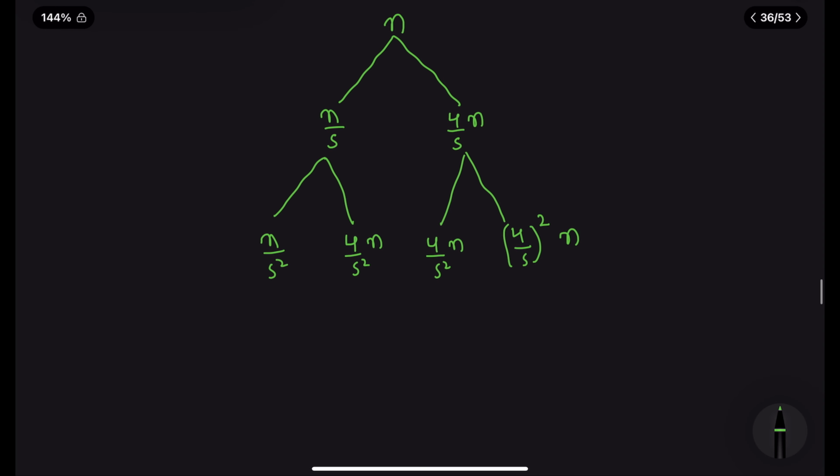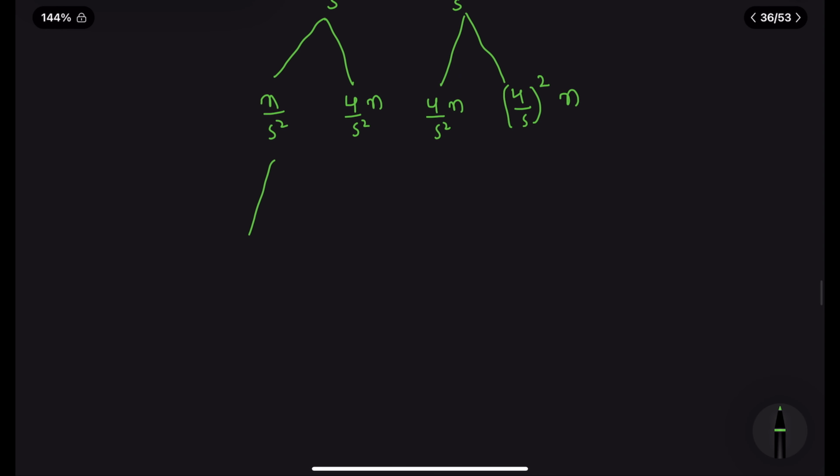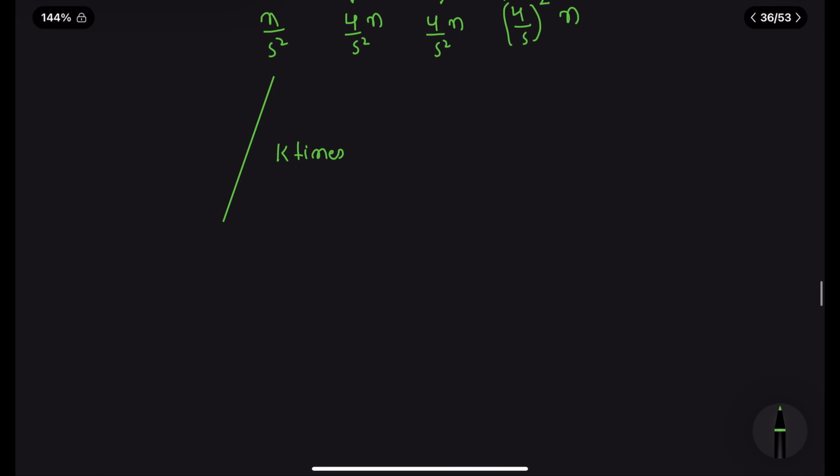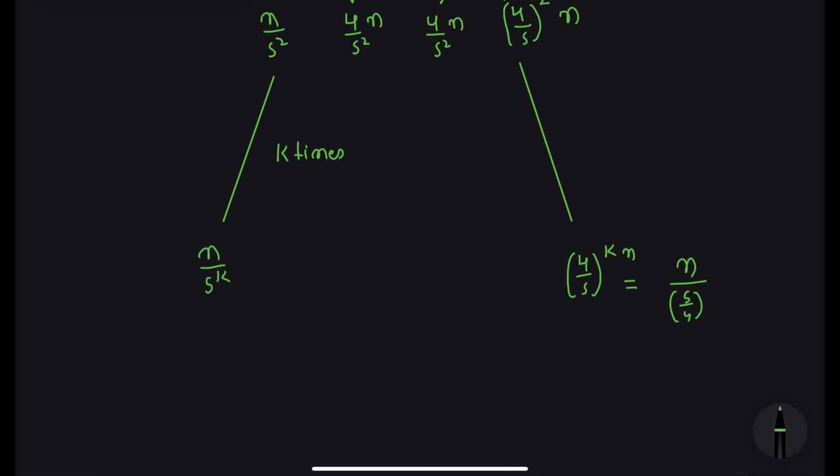So let's say this will run up to k times, and after k times it hits the termination condition, and it will become n/5^k on this side, and on this side it will become (4/5)^k n. This can be written as n/(5/4)^k.